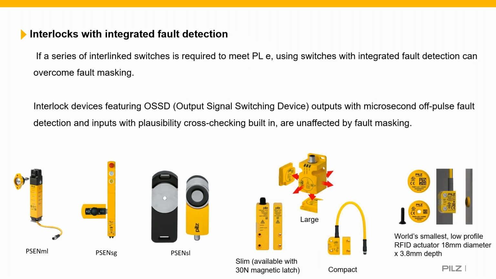Or it could be that you look at using an intelligent switch, I'll say, and this can be anything up to and including performance level E, where the device itself uses OSSD style outputs that perform a self-check every time it's operated. So, for example, working from left to right across there, we've got a solenoid lock with a bistable solenoid, so it's pulse to lock, pulse to unlock.